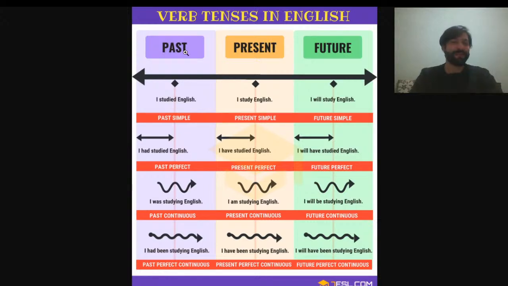So let's move on. So present, past, or future, these are the tenses that we call, o tempo do verbo. And we have what we call also in English the aspect. Okay, the aspect is simple, perfect, continuous, and the perfect continuous. So we have 3 tenses, past, present, and future, and we have 4 aspects: the simple, the perfect, the continuous, and the perfect continuous.